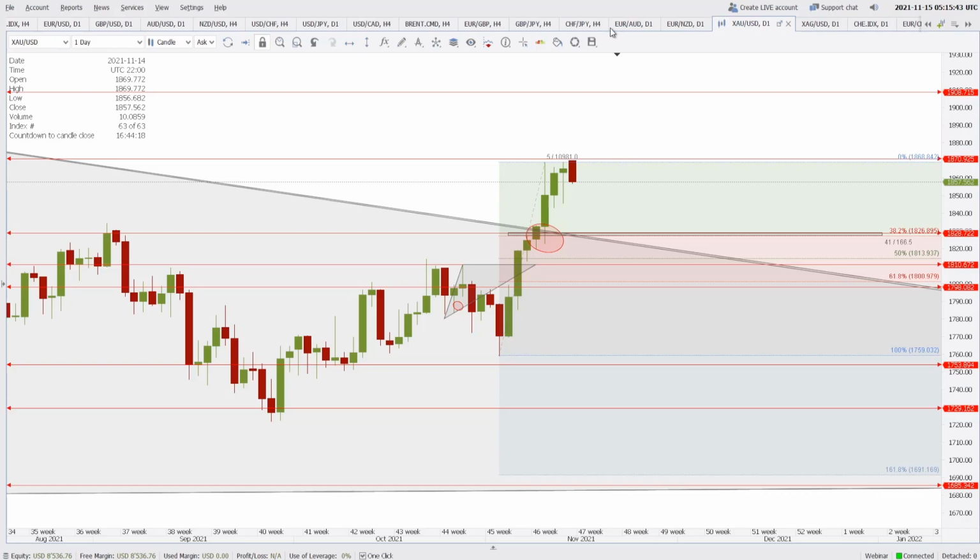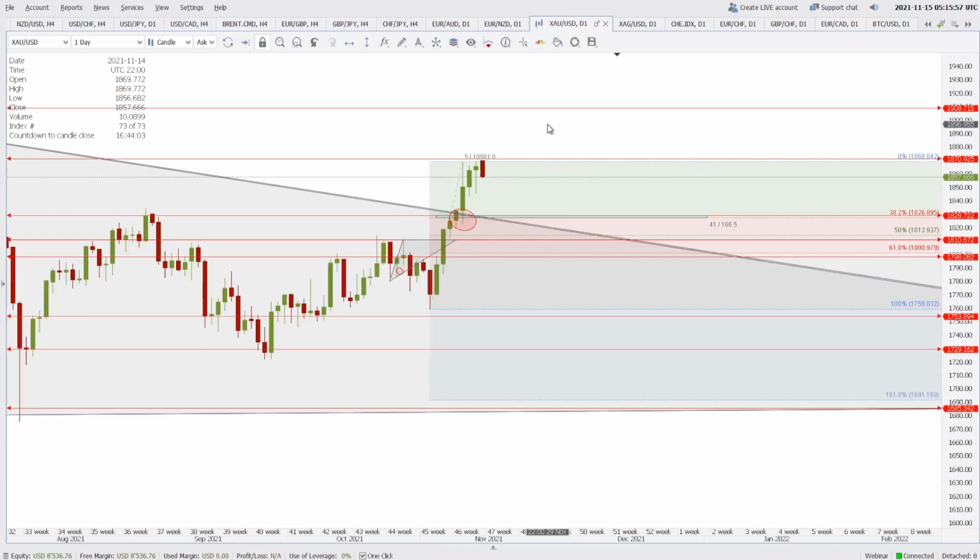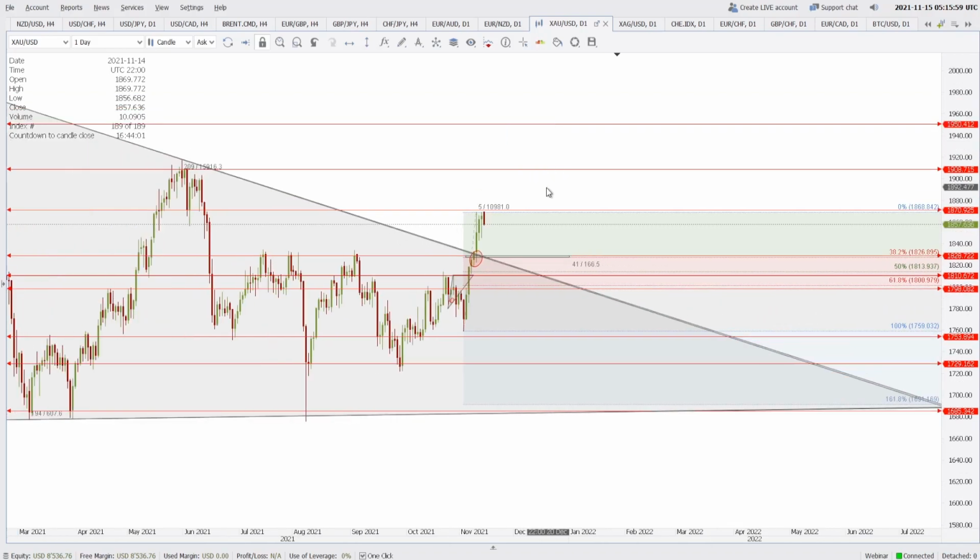So gold prices are expected to rise in the near future, but the zone of demand is near 1828 to 1830. This is my expectation looking at the chart. And the zone of supply is at the 1868 to 1870 area, and after that 1908 and 1950 in this market.